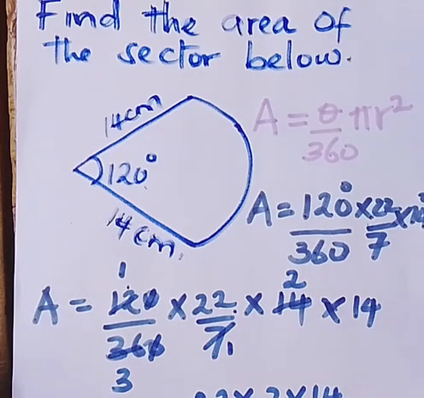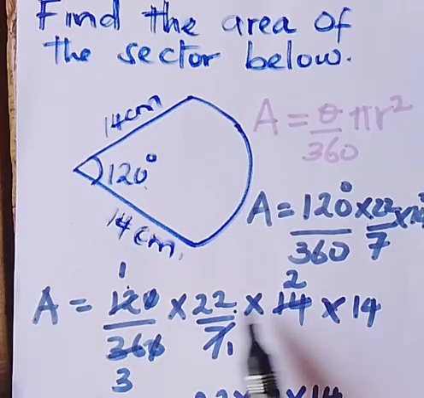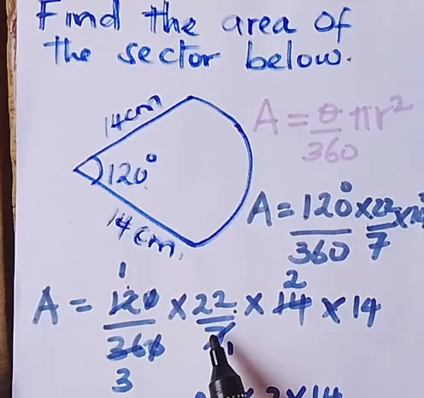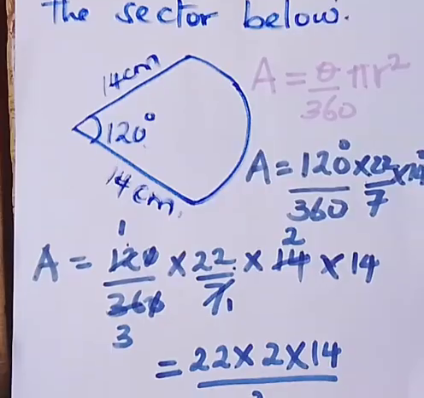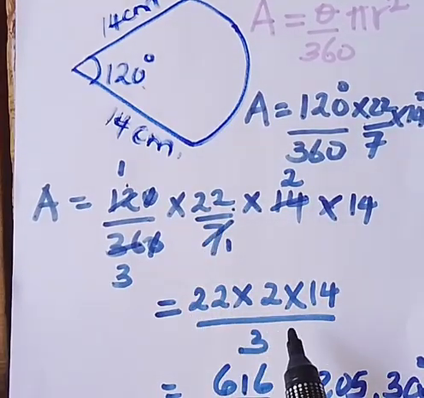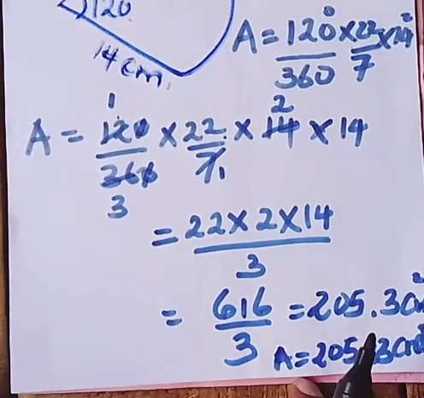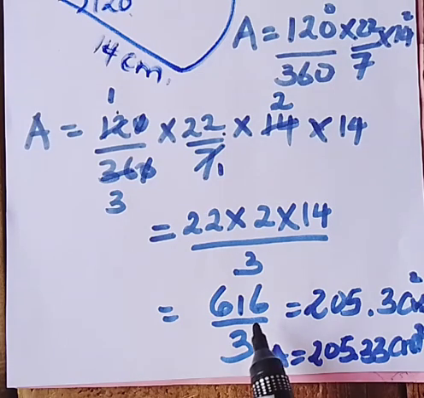We said that we have our radius as 14 and our theta as 120, and we replaced these in our question. Then we simplified. We picked the numerators which were unable to be simplified, and we said here we have 22 times 2 times 14, and on the denominator we have only 3. Through simplification, we have 616 divided by 3.